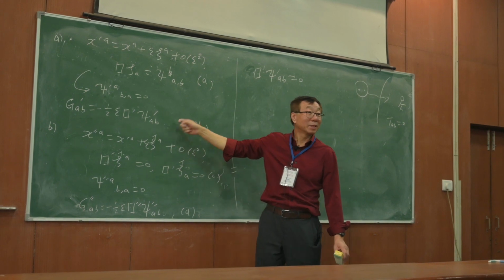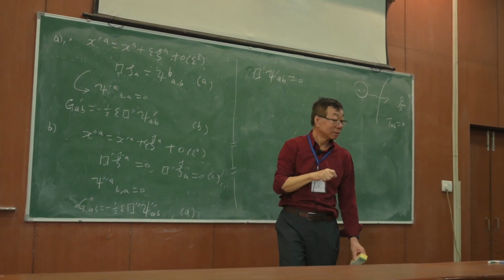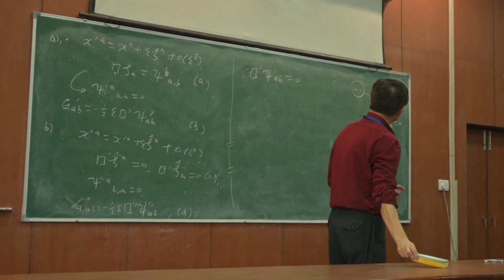So you're saying that at the field point TAB is 0. But yesterday you said that this TAB is for the source point. Yeah, we can use the integrals to connect this one with this one.